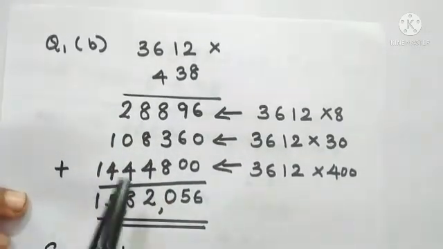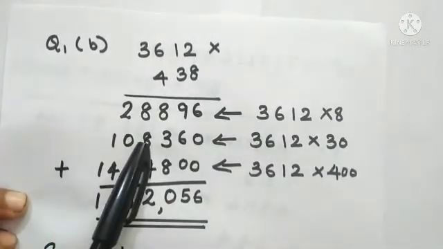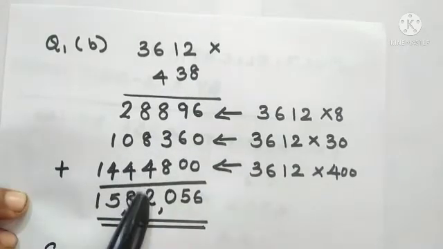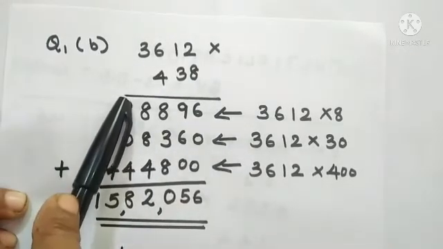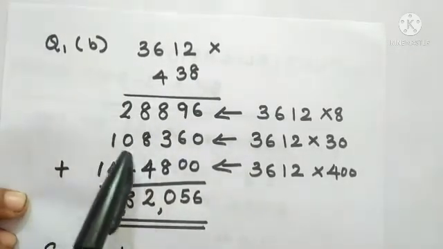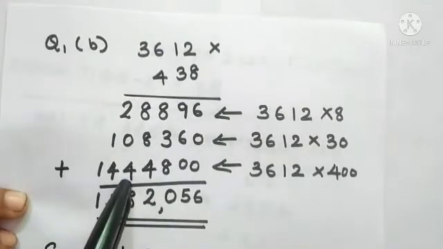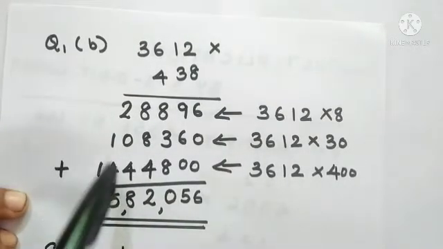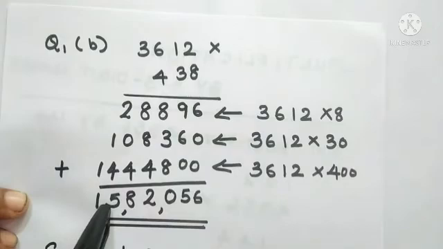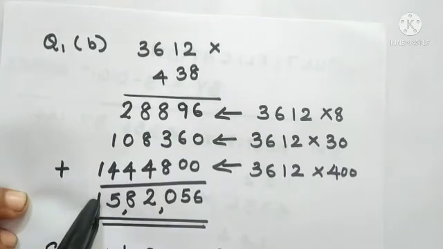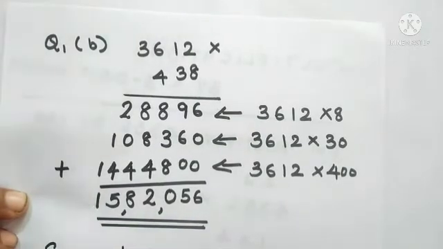Then 8 plus 2, 10 plus 8, 18 plus 4, 22. 2 balance. 2 plus 2, 4 plus 0, 4 plus 4, 8. Then 1 plus 4, 5. 1 is here. So we got the answer 15 lakh 82,056. This is the method you have to multiply a large number by a 3-digit number.